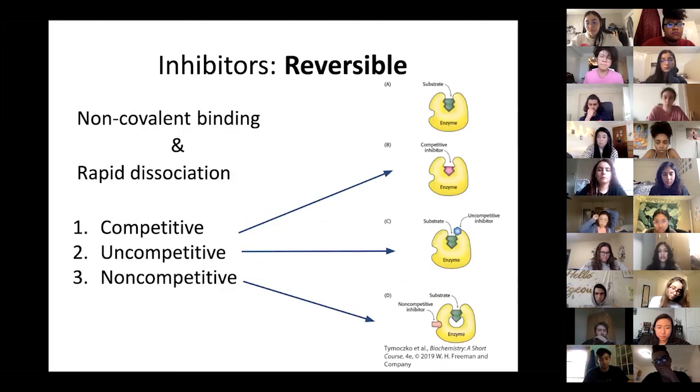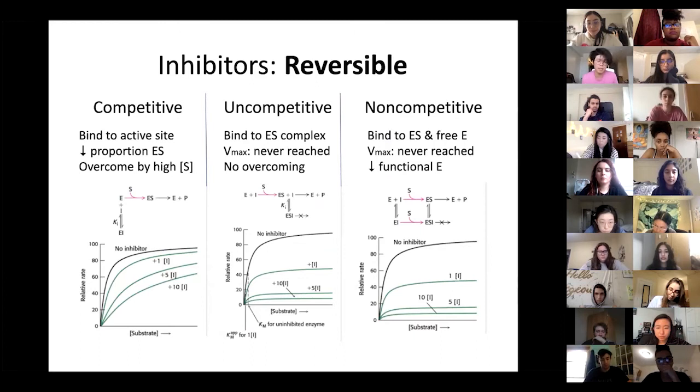And then let's dive into the inhibitors, which decrease enzymatic activities. One of the two types is the reversible inhibitor, which binds to the enzyme non-covalently and rapidly dissociates from it. And there are three kinds, which are kinetically distinguishable: competitive, uncompetitive, and non-competitive. A competitive inhibitor binds to the enzyme's active site and decreases the proportion of enzyme bound to substrate.